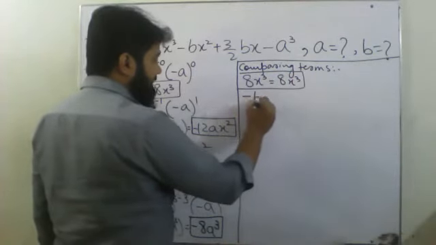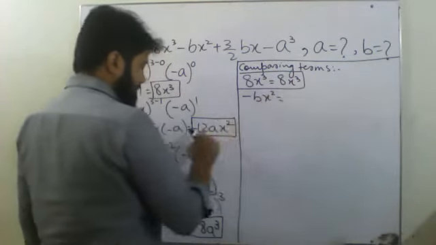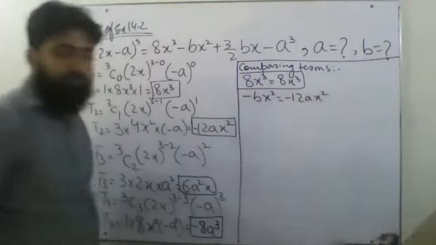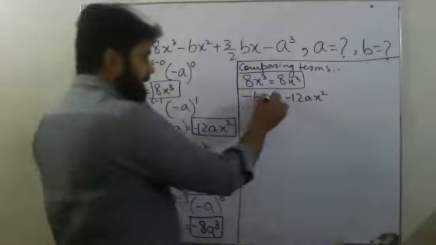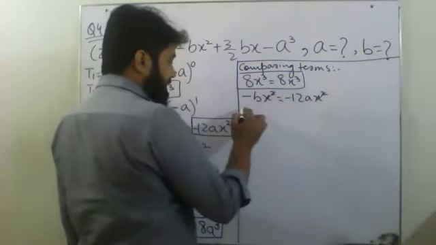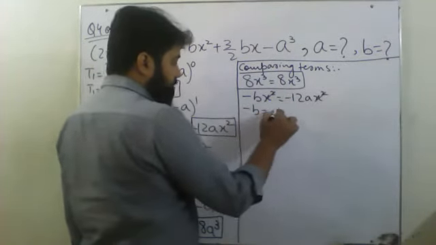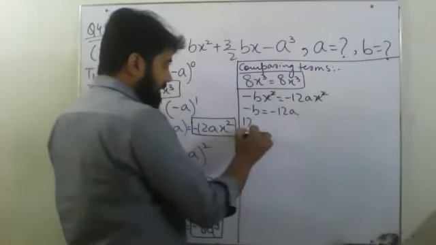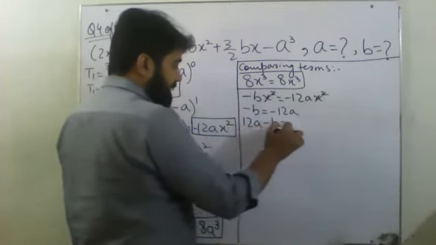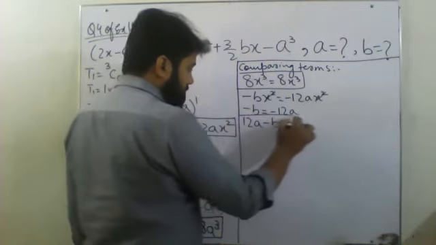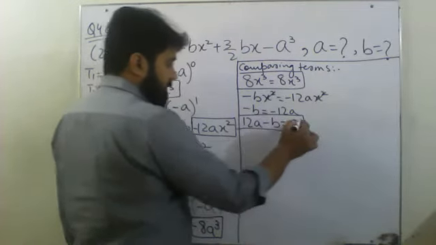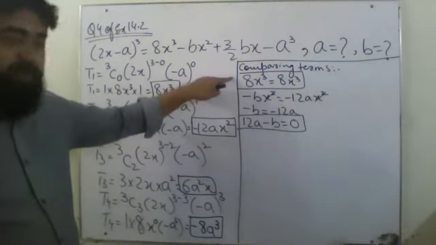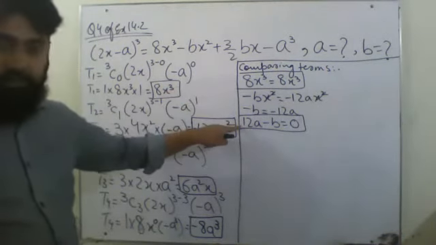Now the second term. Minus bx square and minus 12a x square. x square and x square will cancel. Minus b equals minus 12a, or 12a minus b equals 0. That I have got from term 2.